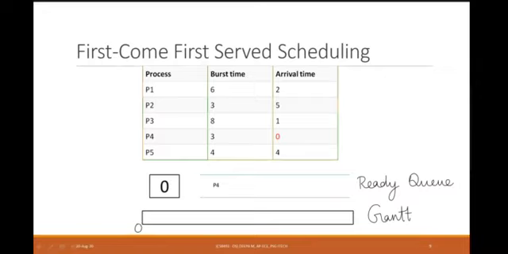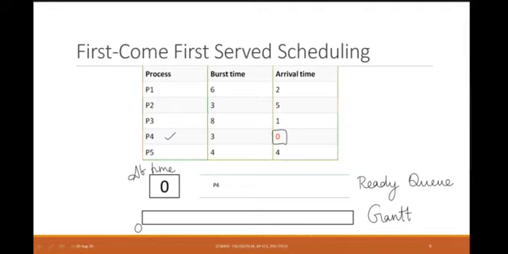At time 0, what are all the processes that will be present inside your ready queue? We are going to have only one process, that is P4. All the other processes would not have arrived. It is the only one that has come, so I can allocate this P4 to my CPU.